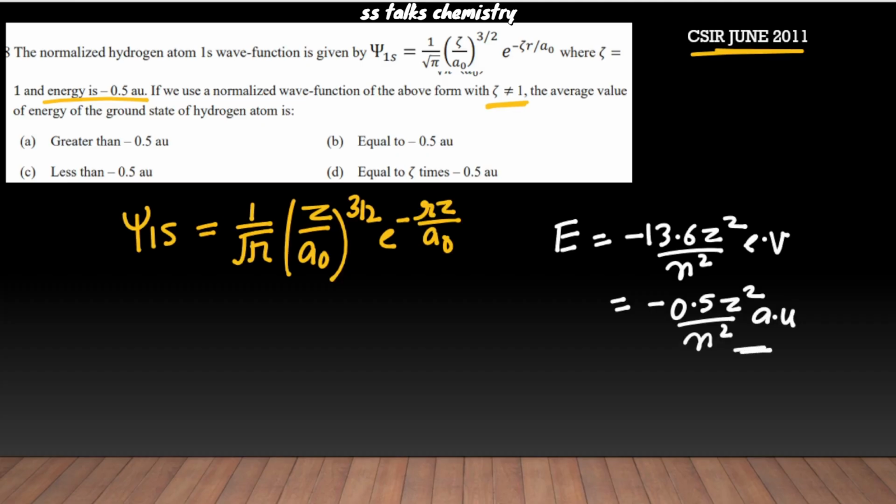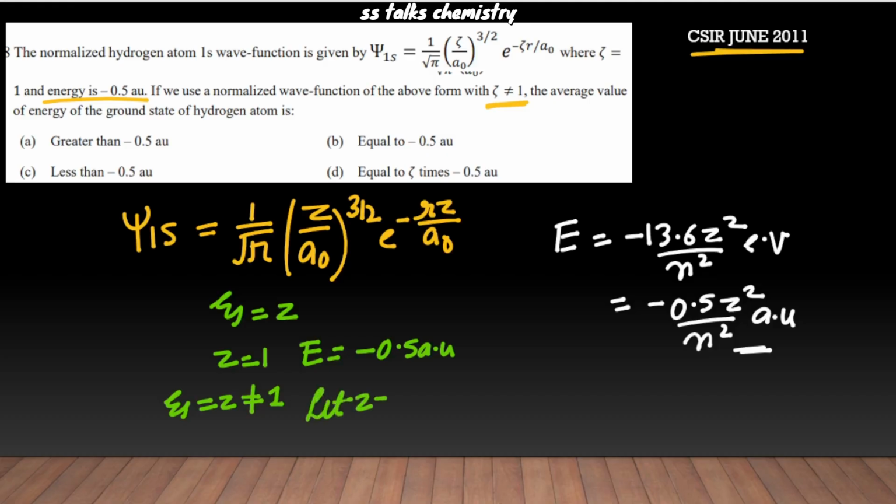Now instead of Z, they have used a new symbol. This is just the difference. Here the xi value is equal to Z only. If this is equal to 1, the energy value is minus 0.5 atomic units. Now they are saying if the xi or Z value is not equal to 1, let's assume it is 1.4.